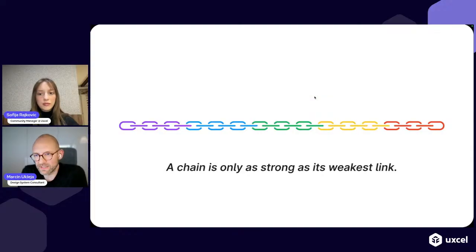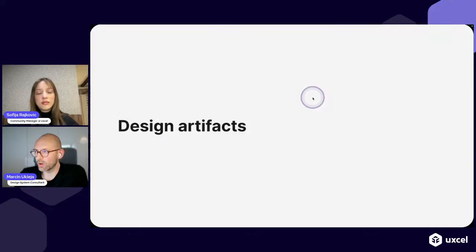I think it applies here very well, that on every step we should be rock solid to assure that the quality is good for the entire process and for the end product. So it's good to keep in mind that this is the entire process. Okay.